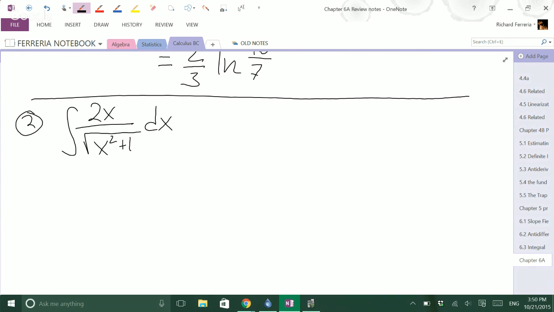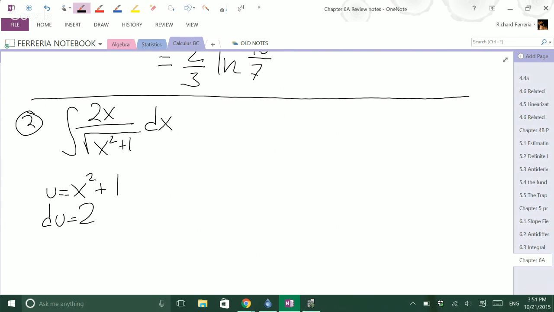So let's get our U-substitution taken care of. u should be x squared plus 1. Another good way to look at it is the derivative of x squared plus 1 appears right here. That's the derivative. So your u is appropriate.